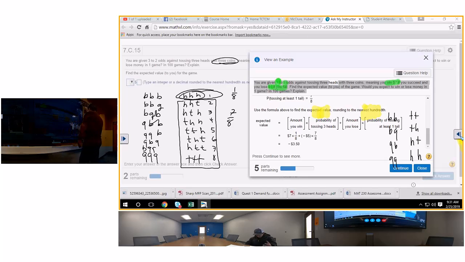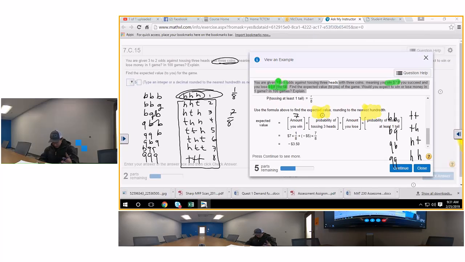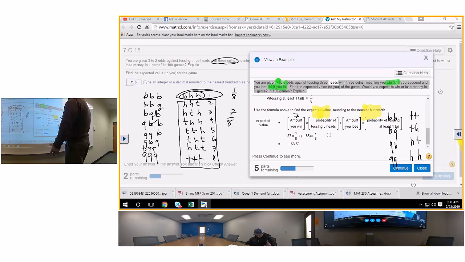So that's 7 times what's the probability of winning? 1/8. Okay. The amount you lose, $5. And what's the probability of losing? 7/8.